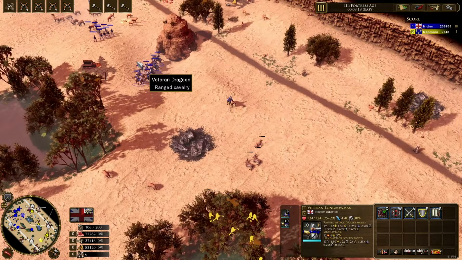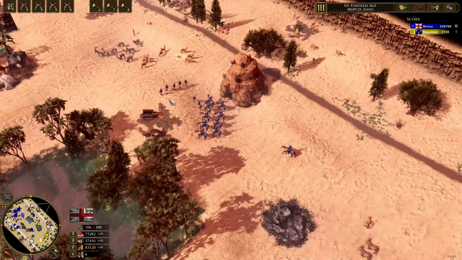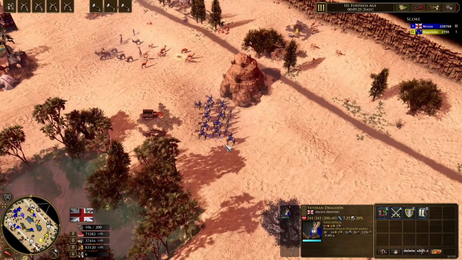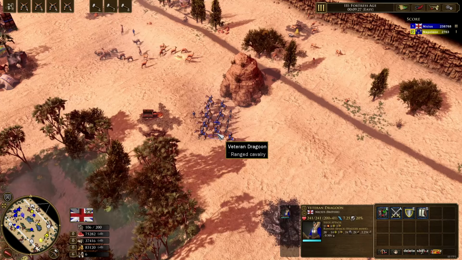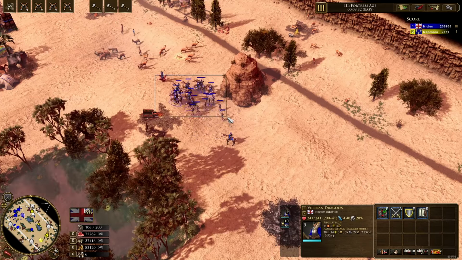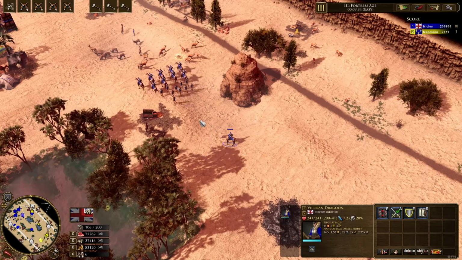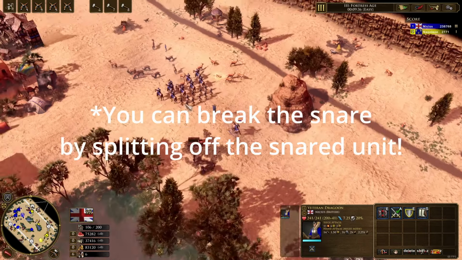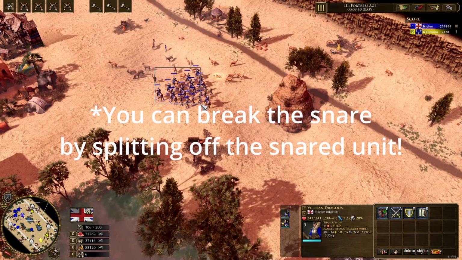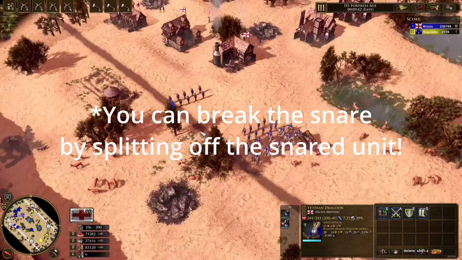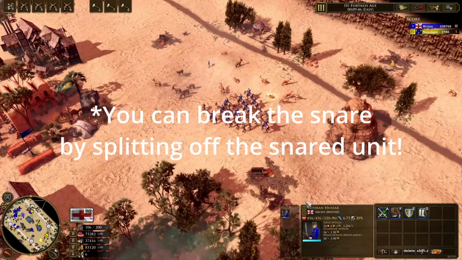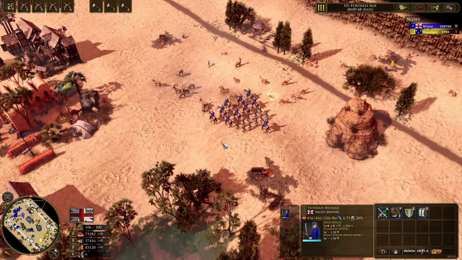For example, if I attack this unit over here, the Dragoon, it would decrease the speed of the entire formation by a very large portion. Which is why having some units in melee is very important to not let your opponent escape, which is the main use of the cavalry: A, for raiding, B, for keeping the snare on.